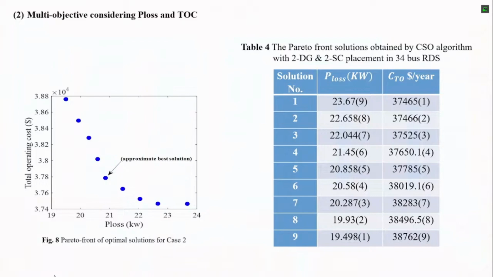Therefore we obtain power losses on the higher side with respect to cost, and it is vice versa. But here, I don't recall what the weight is for this solution, possibly 50% weight we have provided, and therefore we obtained this solution. Such a solution is known as a Pareto optimality solution.